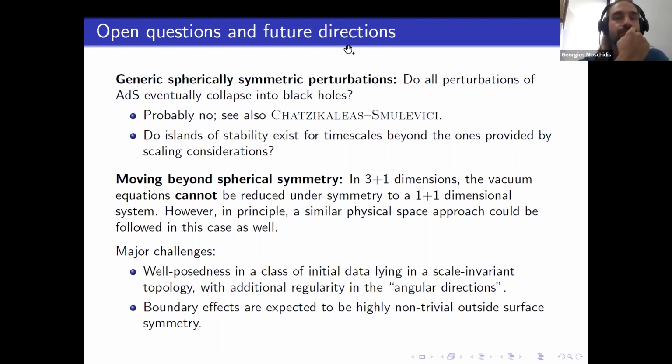That being said, probably in all of those cases, the spectrum is asymptotically resonant in some sense. But nevertheless, this mechanism that I described probably kicks in at a timescale which is larger than the perturbative timescale.